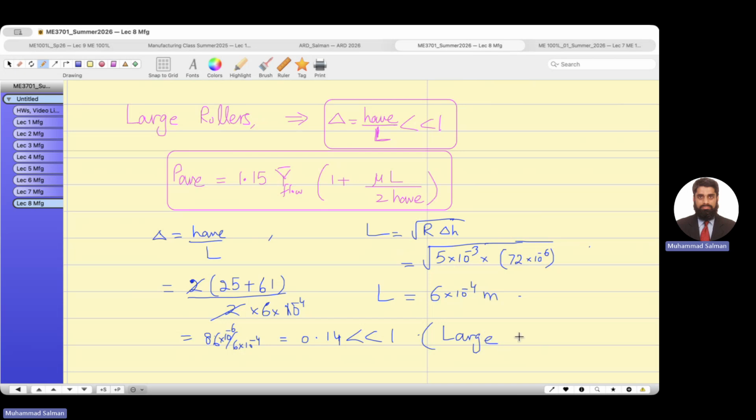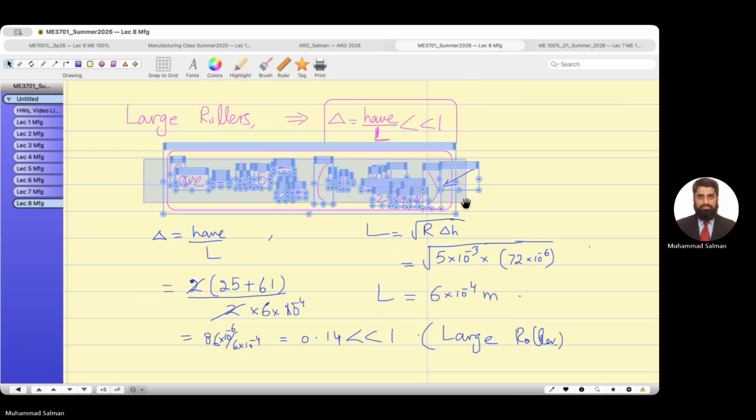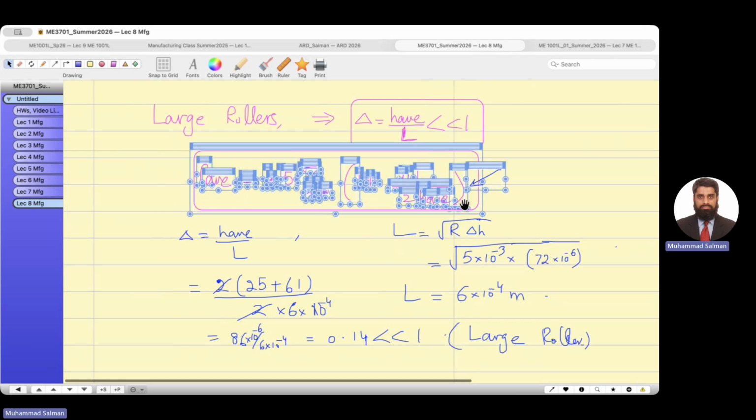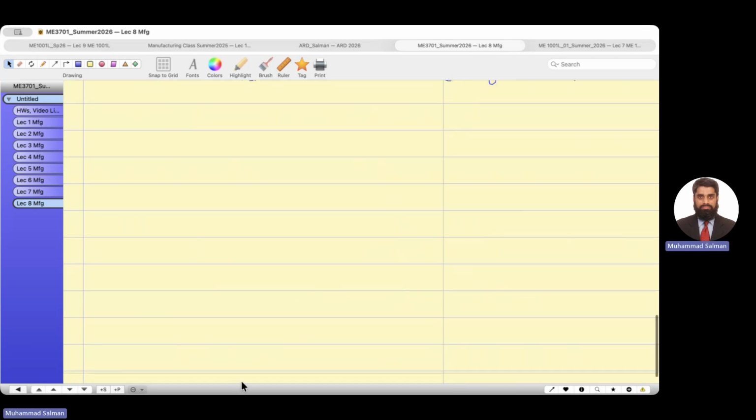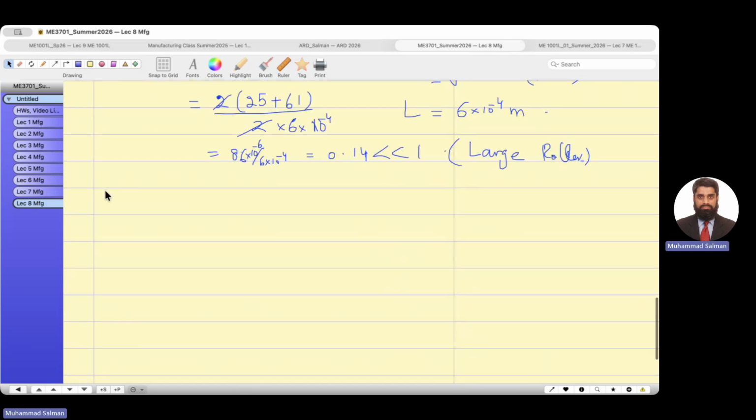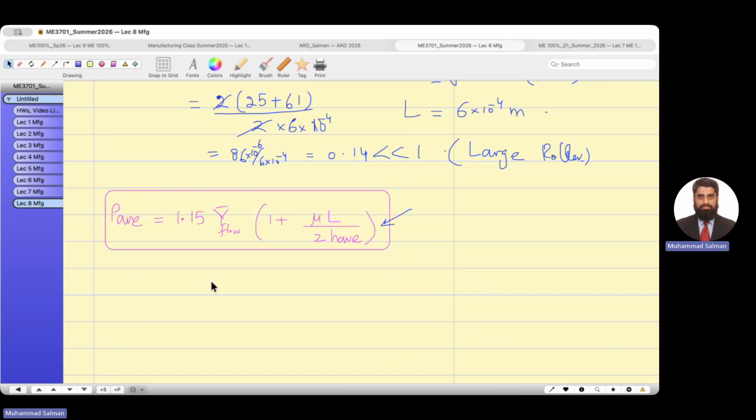So for large rollers, you will use this formula for the pressure. After you verify this formula is going to be used, then you can find the pressure and then multiply by area to find the rolling force. So let's do this.